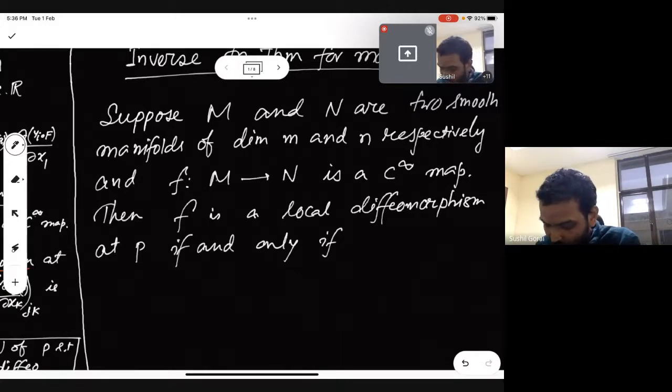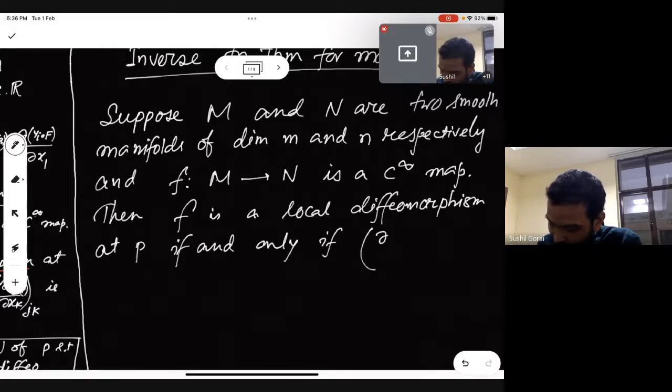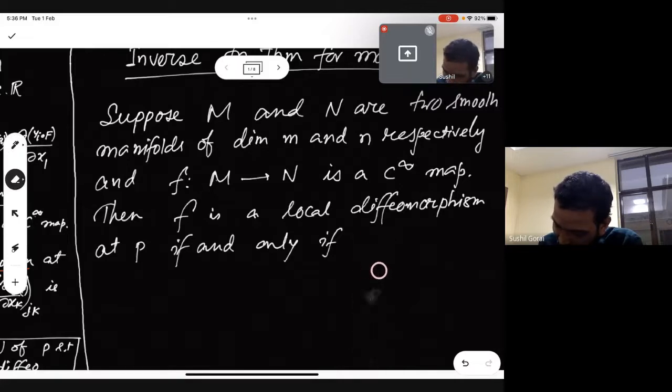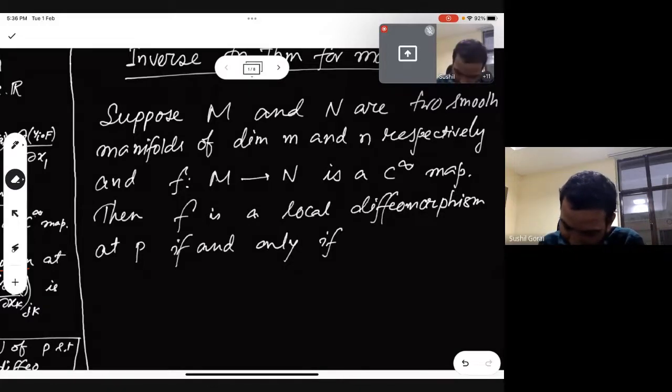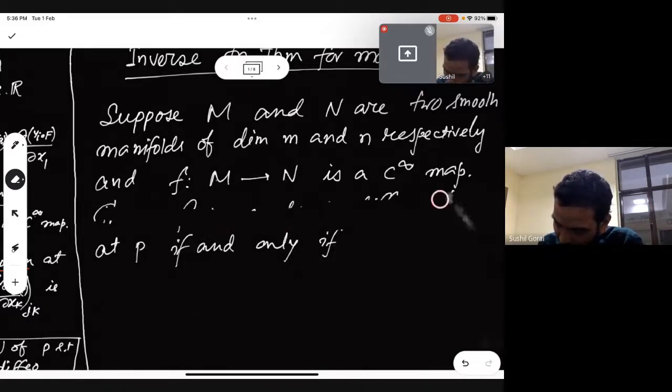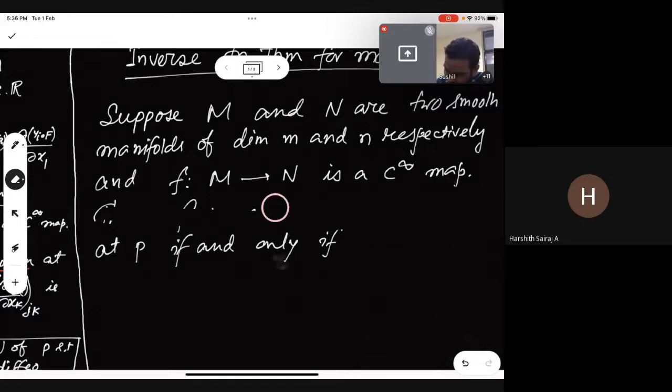Well, before that we need to fix some coordinates, right?